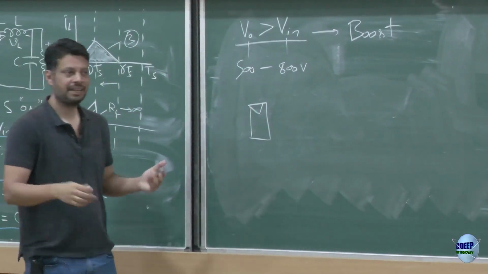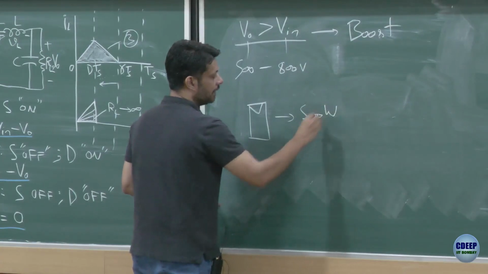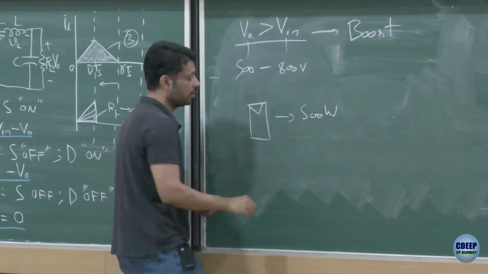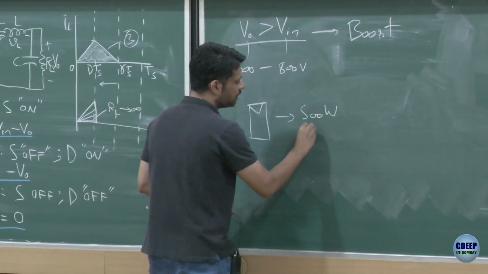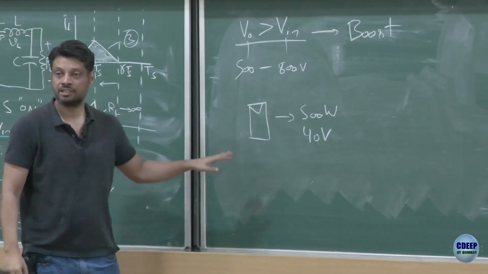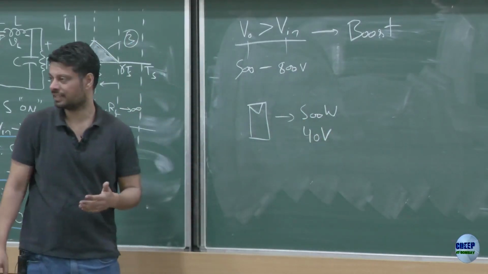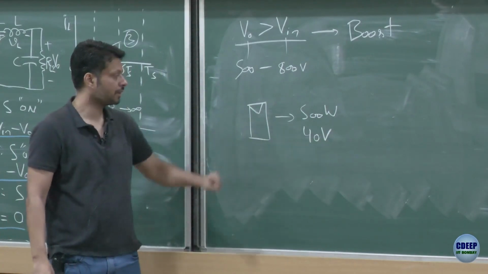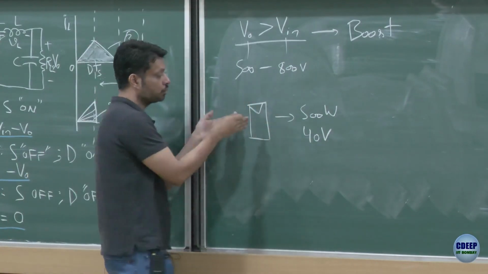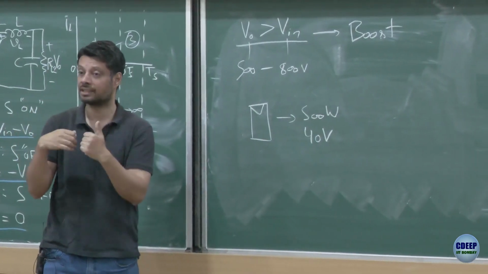If I take one typical panel of 500 watt power, it comes with a voltage of about 40 volt. Of course the voltage is not constant, it keeps changing. But let's say this gives you 40 volt and now you want to use this panel to get an AC voltage of 230 volt.